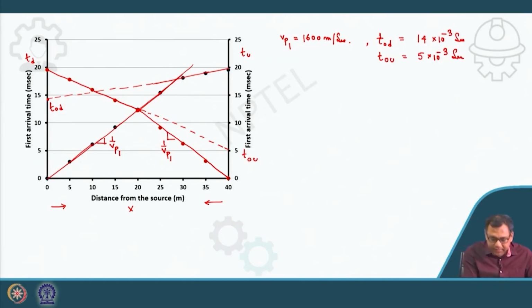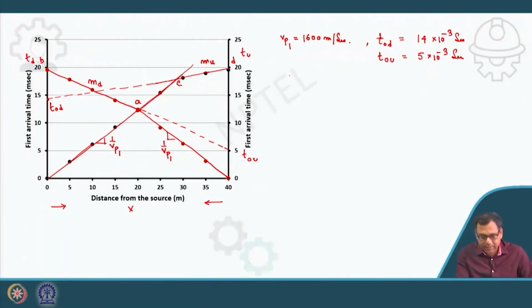Okay. Now if I get the slope, this will give me md, and this slope will give me mu. That means this is A to B and then C to D. C to D gives mu and A to B slope gives md.